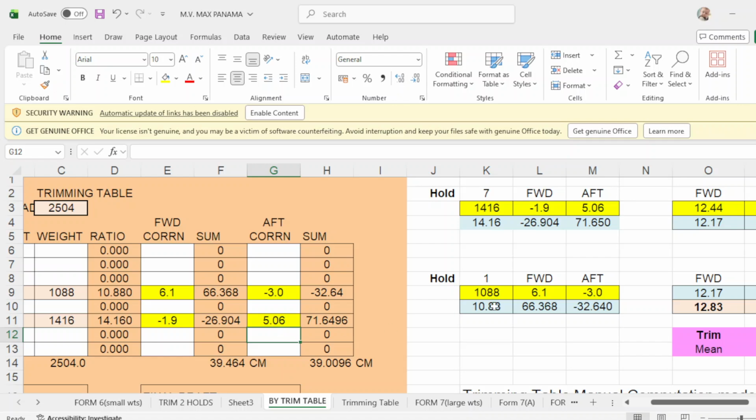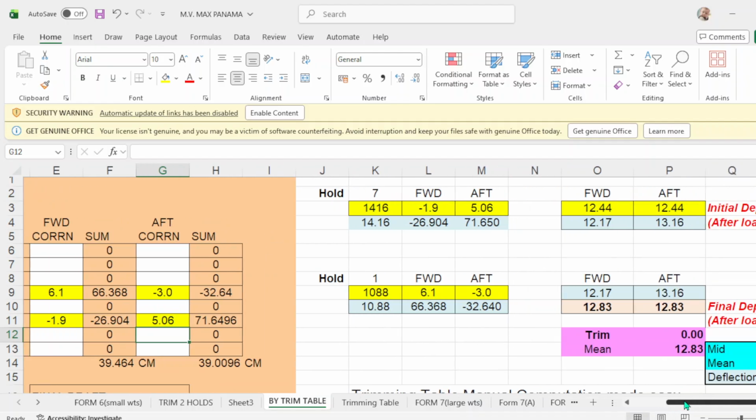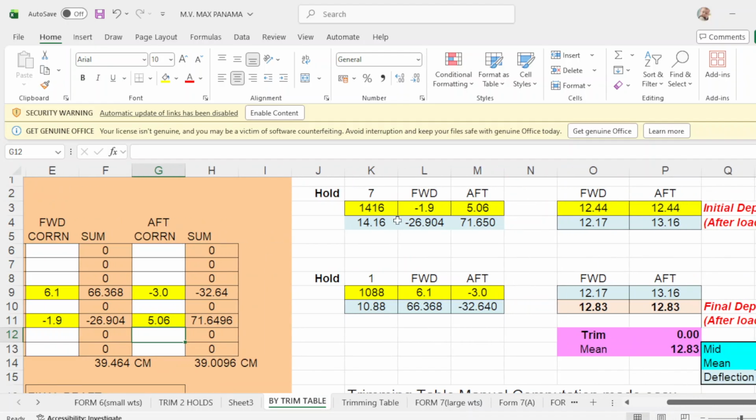Hold number 1 is 1088, and forward correction 6.1, aft correction is negative 0. So, when we load, this is your initial draft forward of 12.44, aft is 12.44. You load 1416. After completing loading 1416, this will be your draft forward of 12.17, aft of 13.16.